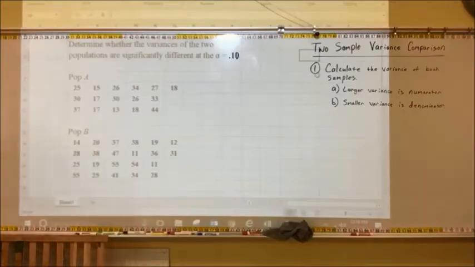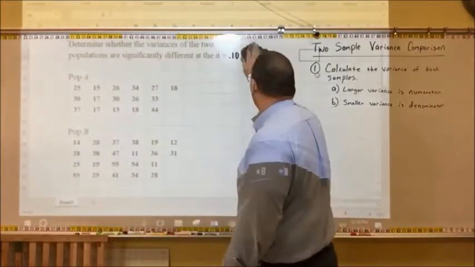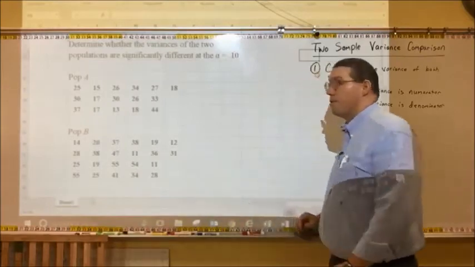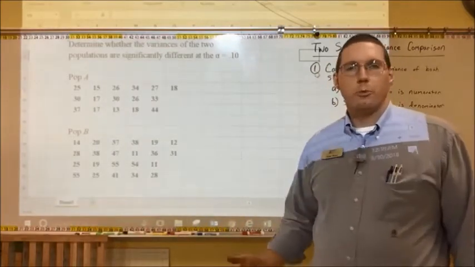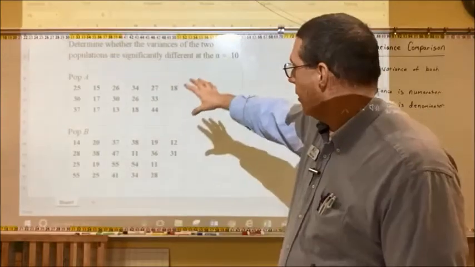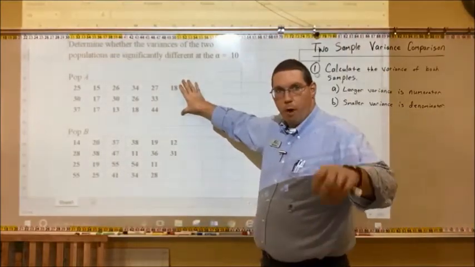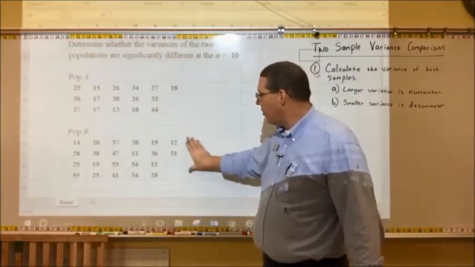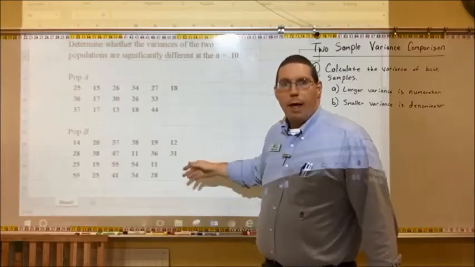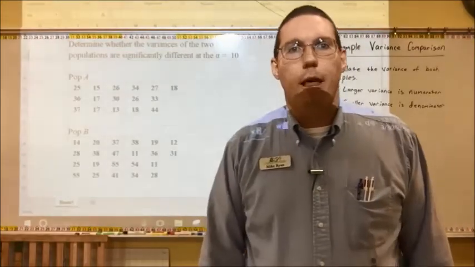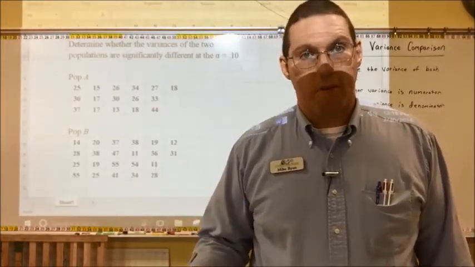There we go. At the alpha equals 0.10 level of significance, okay? So what you should do right now is take this set of data and this set of data, maybe pause the video, and put them into Excel and do descriptive statistics.